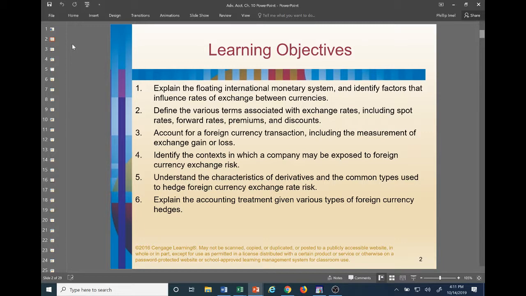Account for a foreign currency transaction, including the measurement of exchange gain or loss. Identify the context in which a company may be exposed to foreign currency exchange risk. And understand the characteristics of derivatives and the common types used to hedge foreign currency exchange rate risk. And explain the accounting treatment given various types of foreign currency hedges.